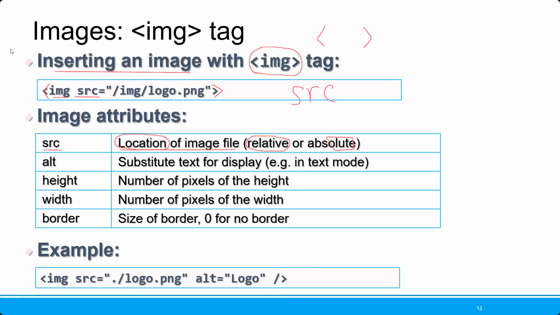If it is the relative location, you can have like this one. For example, you want to put into the folder img, and then inside the folder img you have a file logo.png, for example. Or if it is an absolute, you need to find the correct path.